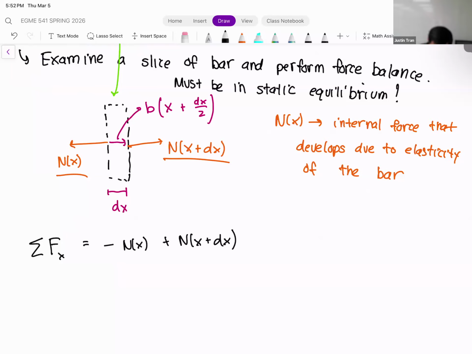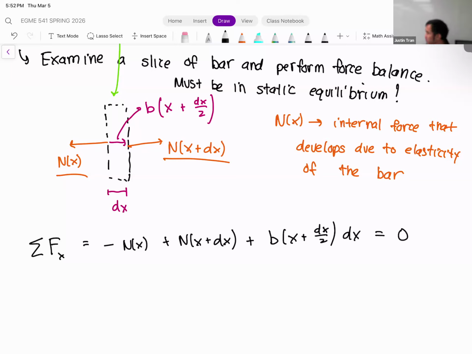We also need to add our body force here, because that body force is going to the right. But in order to make sure that the units match up, we're going to take this body force and multiply it by dx as well.